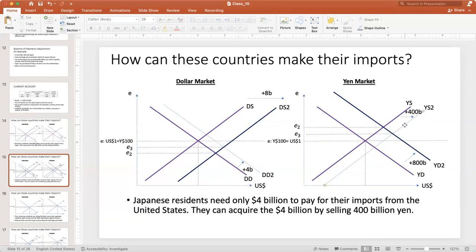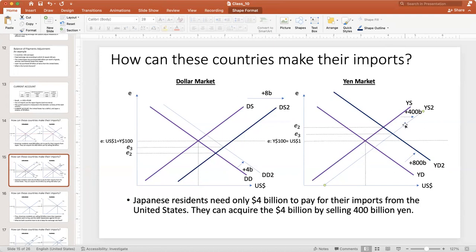So they increase their supply by 400 billion yen. And because of that, we are in a new demand, the second demand, responded by the movement of the United States government.